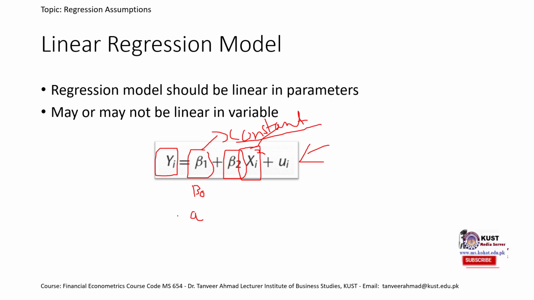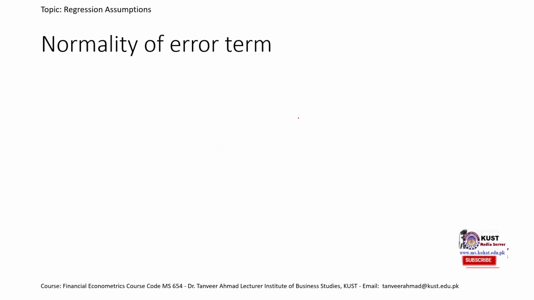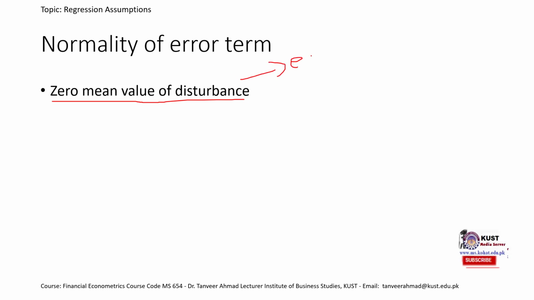Let's move towards our second assumption, which is the assumption of normality of error term, or also called the zero mean value of disturbance. Disturbance is the error term or the residual. They all represent the same term. So we can either call it disturbance term, error term, or residual.